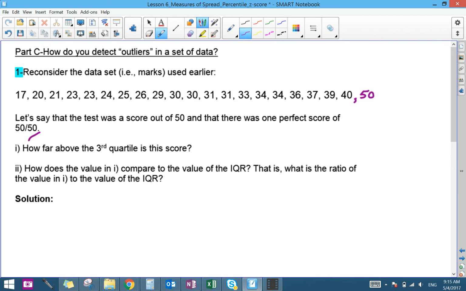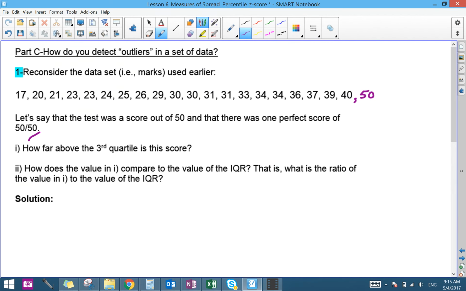That 50 in relation to the other values is quite significantly different than the other scores. At this point, I would venture to say that 50 could very well be an outlying value, and that outlying value is going to change the mean. That is going to skew that mean, as well as change the degree of variation. So I would anticipate the standard deviation to already have gone up.